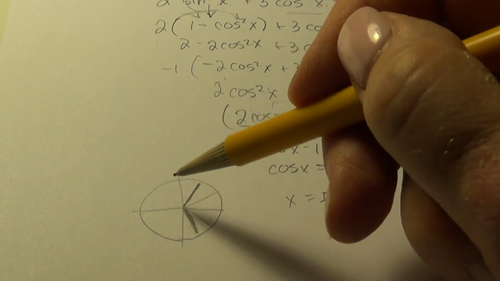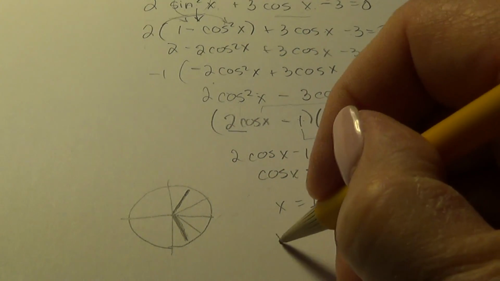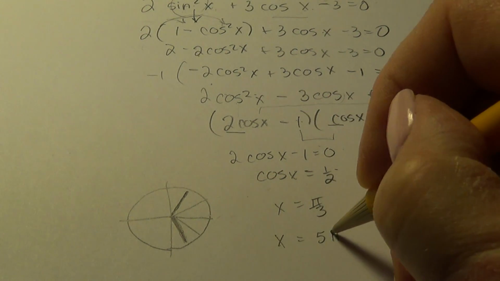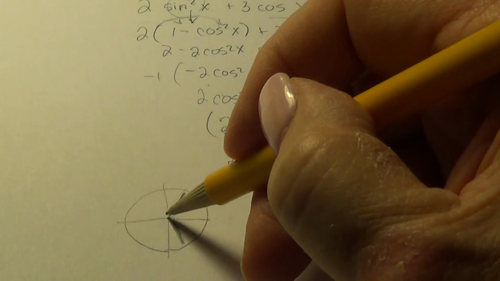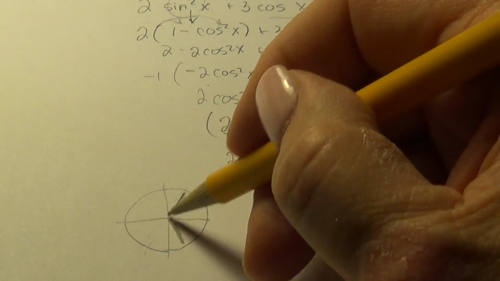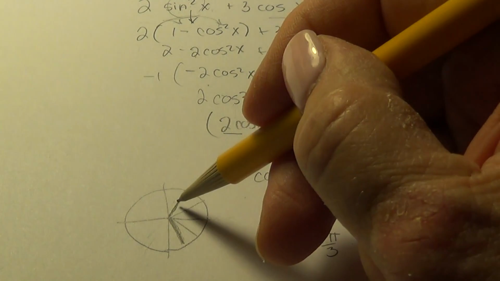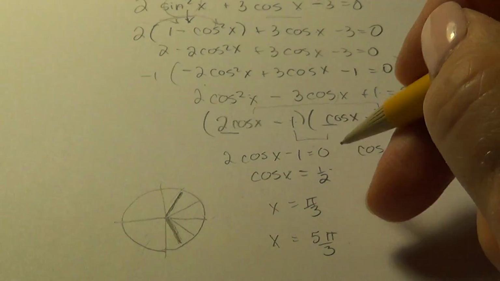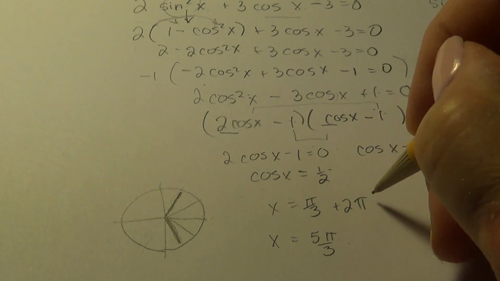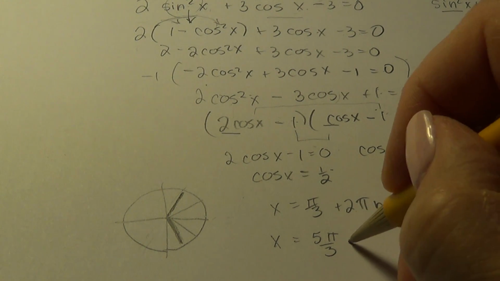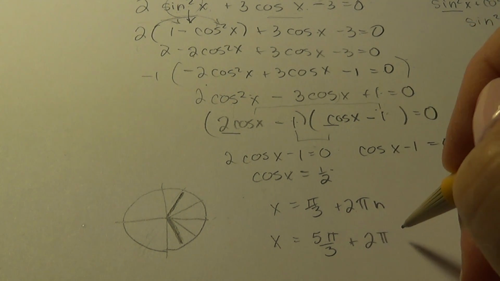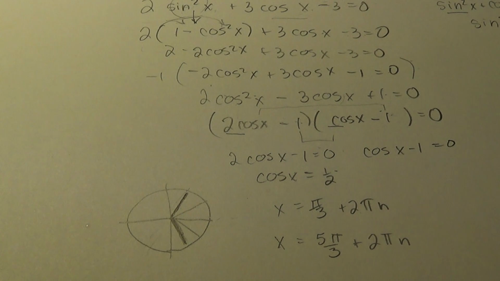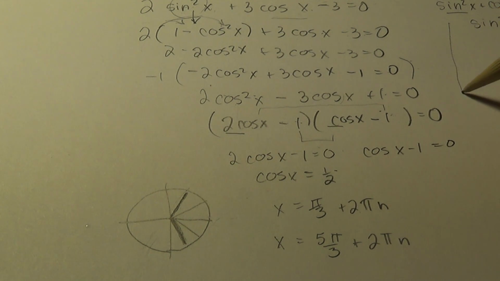So I look for a relationship between those two. Are they exactly pi units apart, pi radians apart? They are not. So I'm just going to add 2 pi n to pi over 3 and 2 pi n to 5 pi over 3, where n is any integer. And that will give us an infinite number of answers.